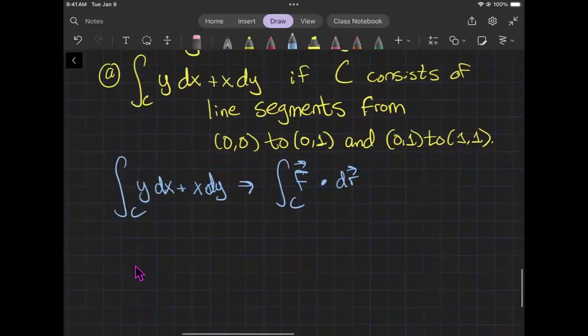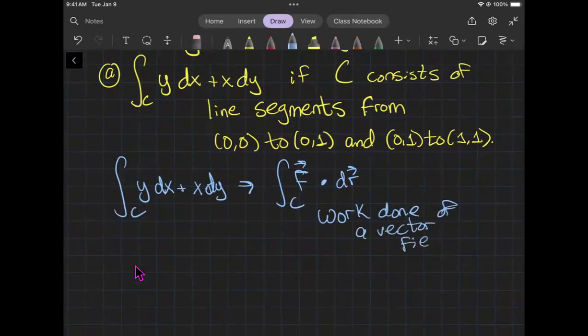F dot dr, right? So this is the work done of a vector field. So really, you're just calculating the circulation, right? And if it's 0, then that's what's called an irrotational vector field, right? So it's the same idea. I think it's pretty important to point out.